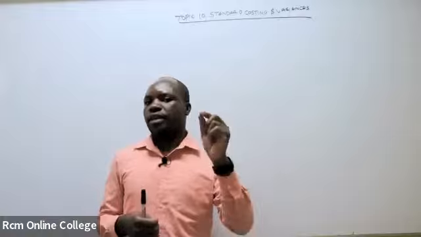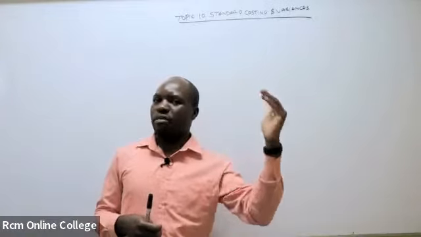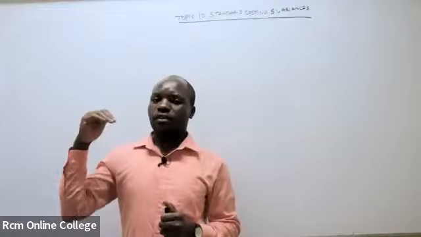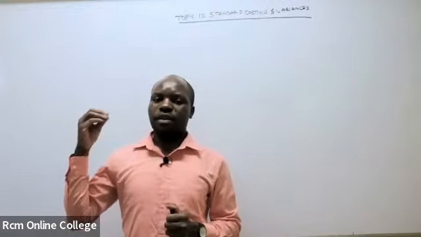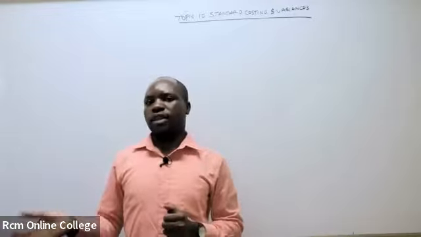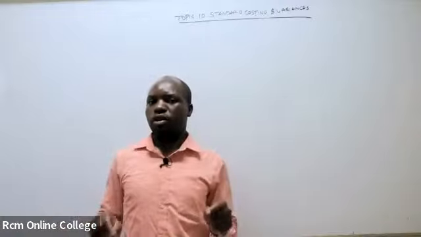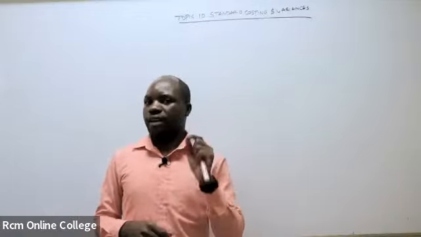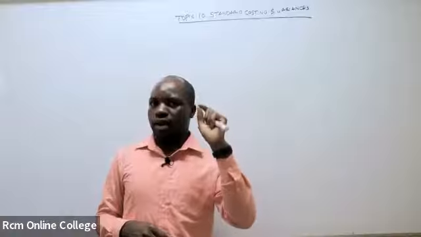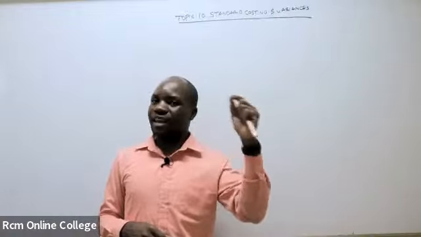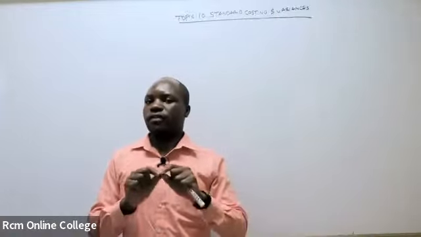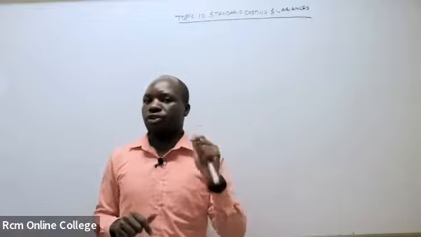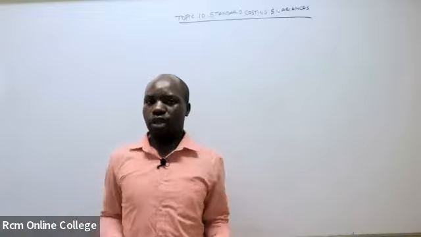Why? The purchase price as per the budget is different from the purchase price as per the actual results. And therefore, you will still experience what we call variance. So that variance will be as a result of difference in price, not as a result of difference in quantity utilized. So that's what you're going to do here.